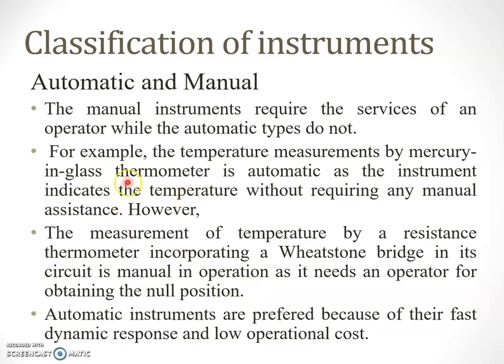So the mercury-in-glass thermometer is an automatic instrument. The resistance thermometer is a manual instrument. We always prefer automatic type instruments because of their fast dynamic response and low operation cost. An automatic instrument does not require an operator. A manual instrument requires an operator for performing its function.